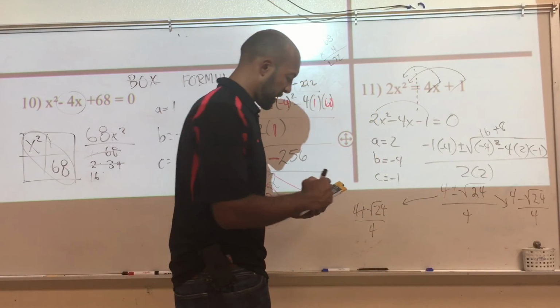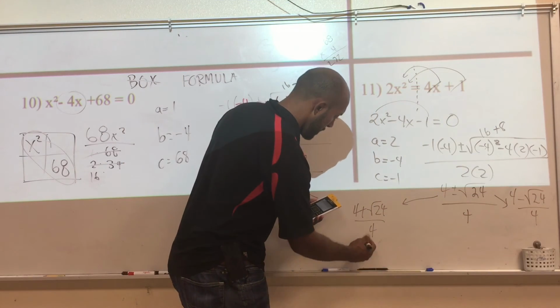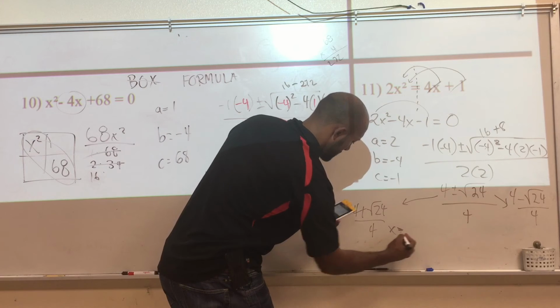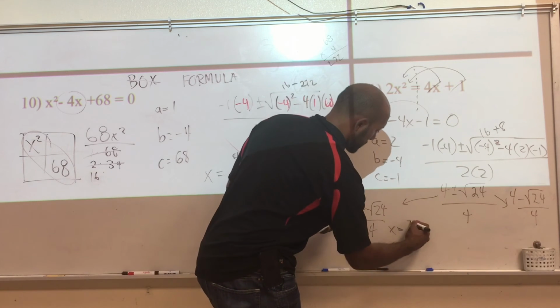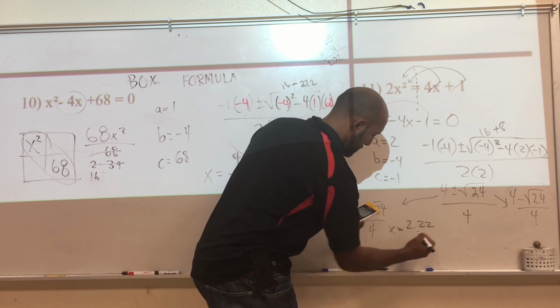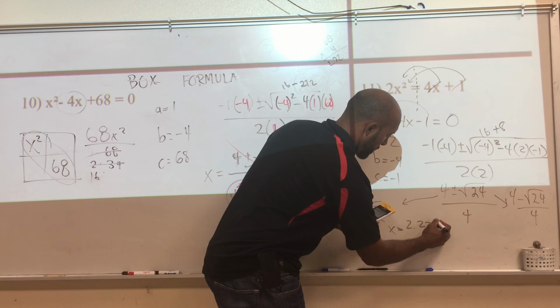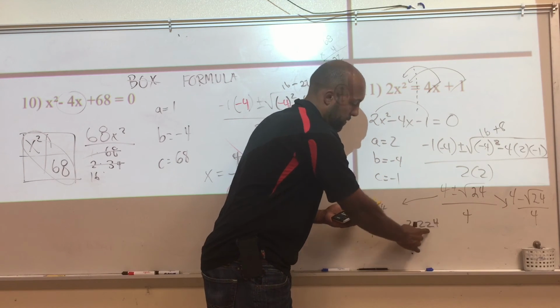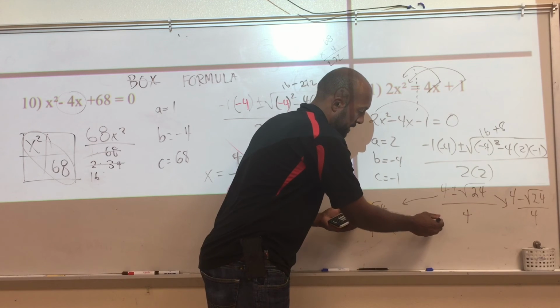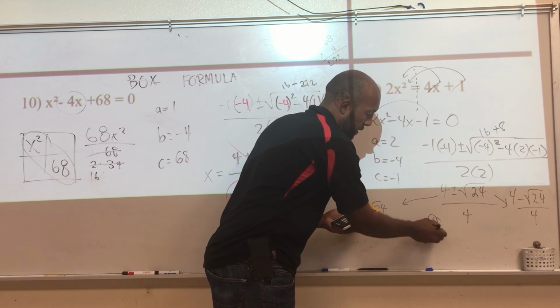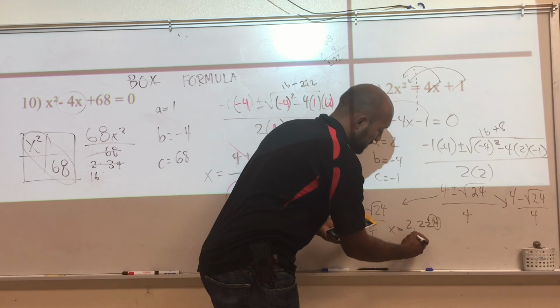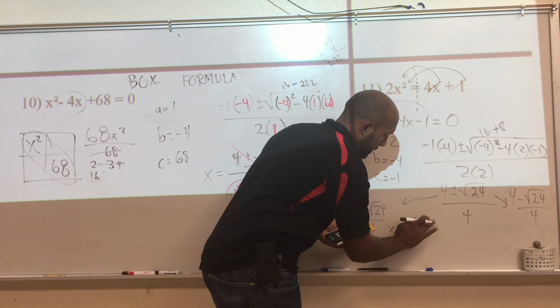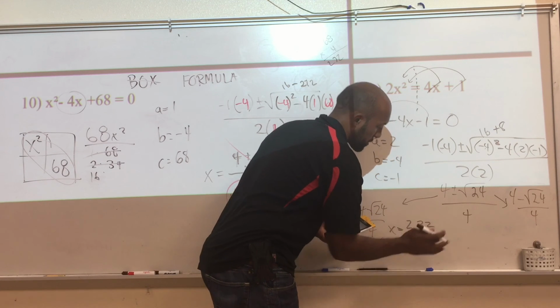Okay, so after we punch it in the calculator, so now we're going to have here x equals, we want to round it. Okay, so it was 2.224. Okay, so again, we look at that number to the right of our 100th spot, and that's not going to change the 2. Okay, so we look at the 4, not going to change the 2, so this ends up being 2.22.